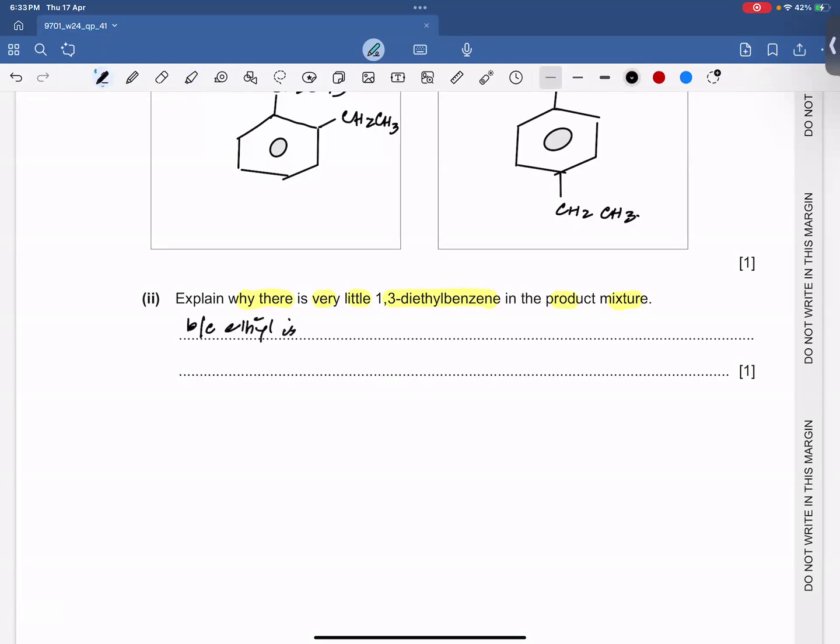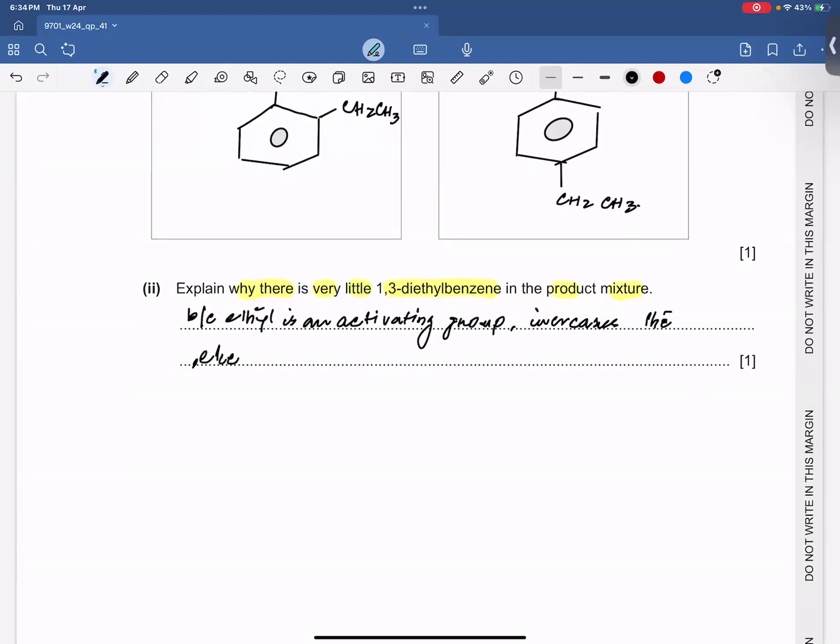ethyl is an activating group, or ortho para directing group. It increases the electronic density only on ortho and para positions.